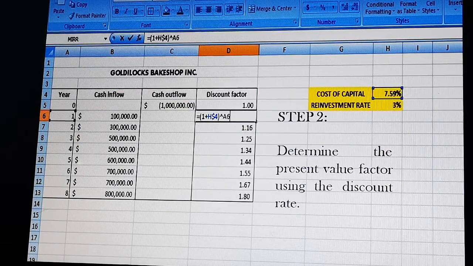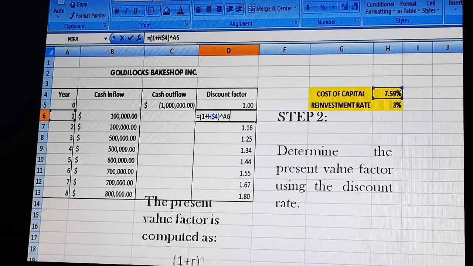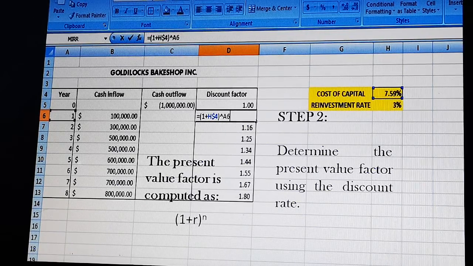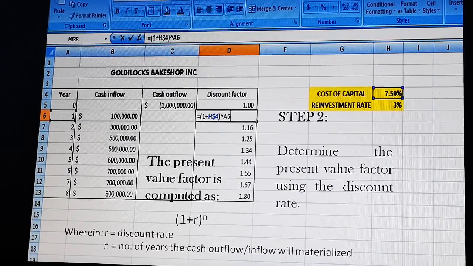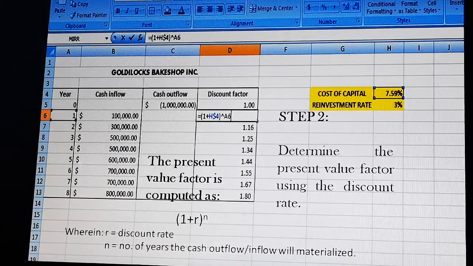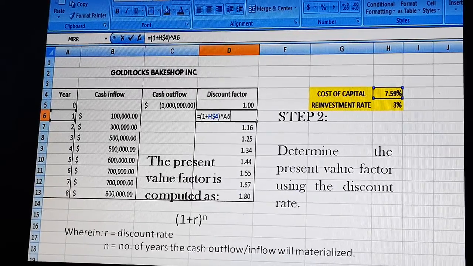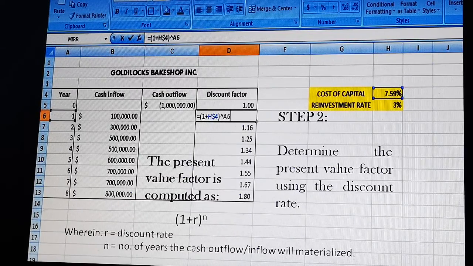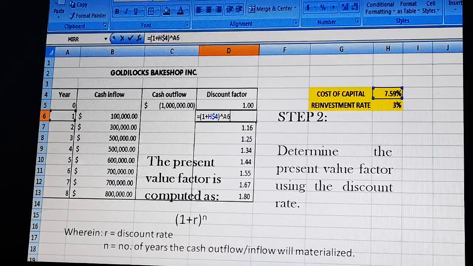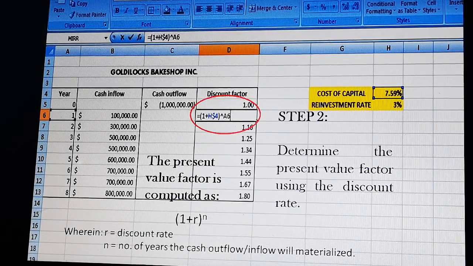For step 2, we need to determine the present value factor using the discount rate, wherein the present value factor is computed as 1 plus r raised to the power of n, wherein r is the discount rate and n is the number of years the cash outflow or inflow will materialize.